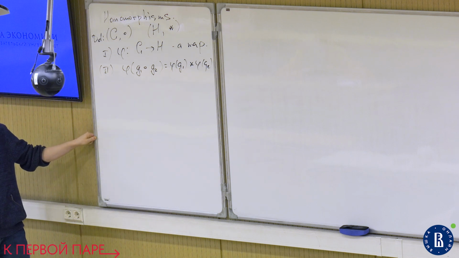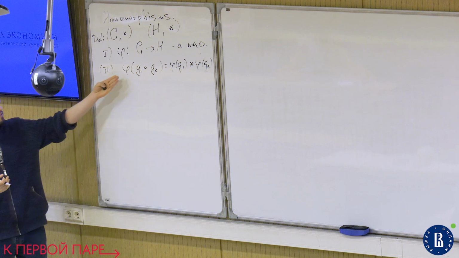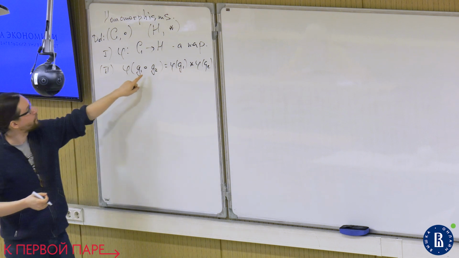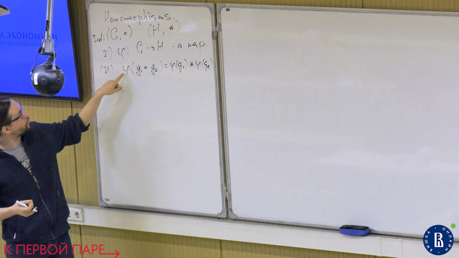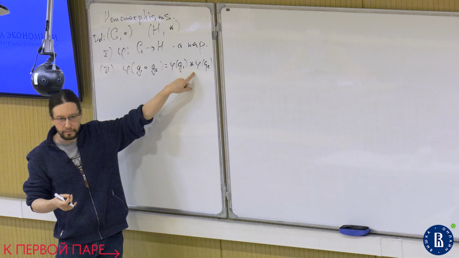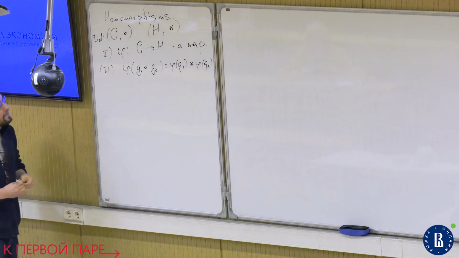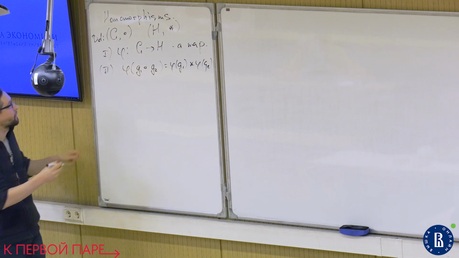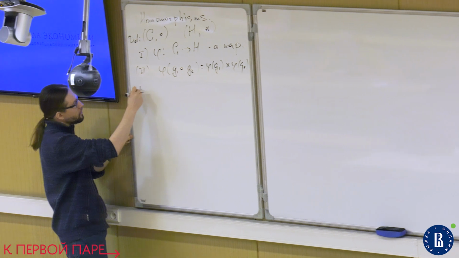You can say that the map phi respects the operation. It doesn't matter whether you apply the operation before the map or after the map. So in this case, phi is called a homomorphism. Okay, let me give you an example. Well, actually, several examples.